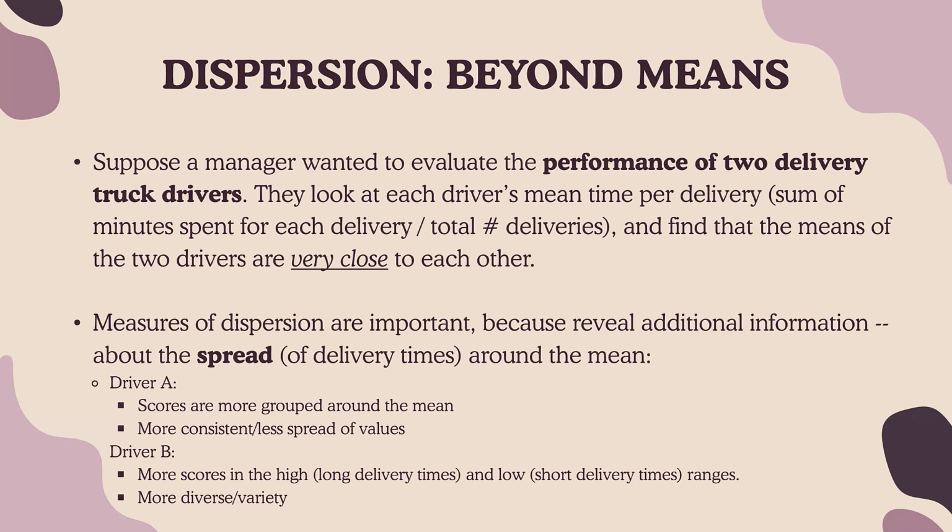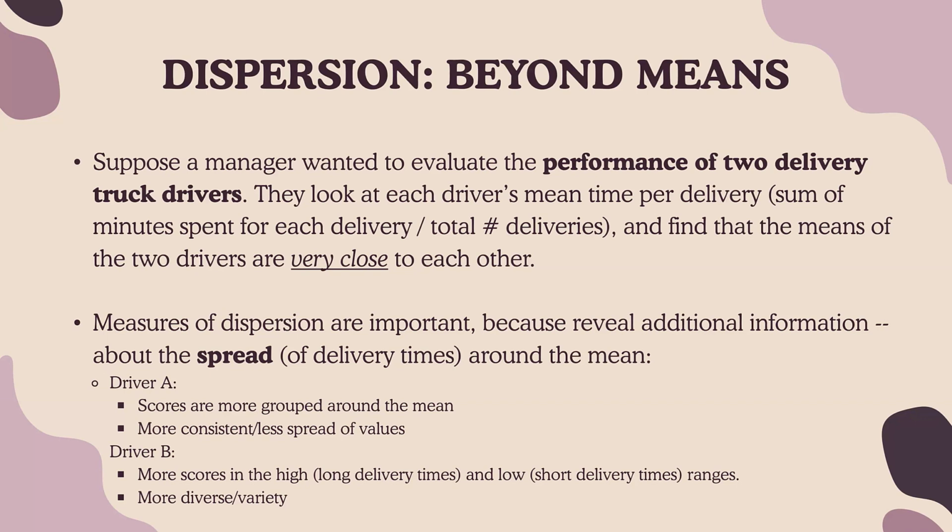But measures of dispersion or measures of variability tell us a little bit more about what's going on with that average, right? They reveal additional information about the spread of these delivery times around the mean. For driver A, they might have scores that are more grouped around the mean, so they have more consistent scores, less spread.